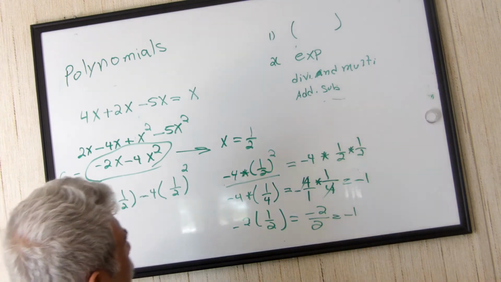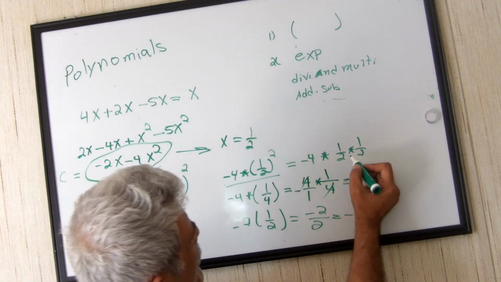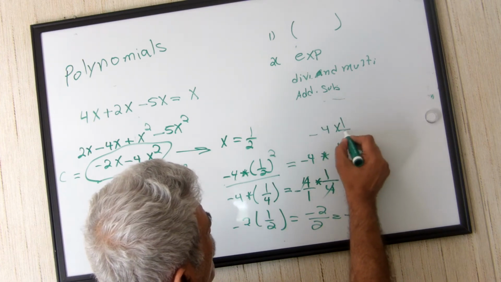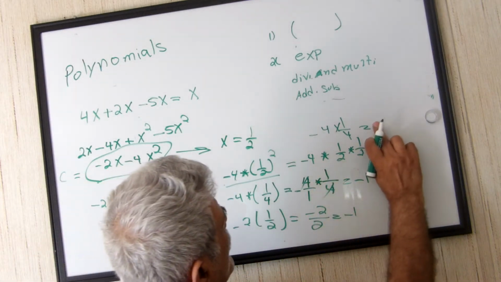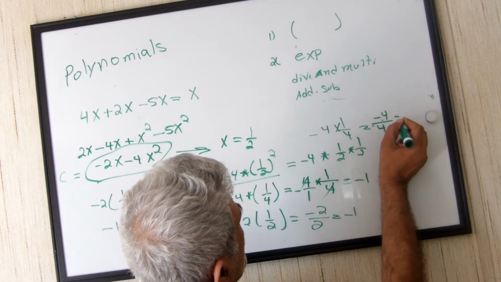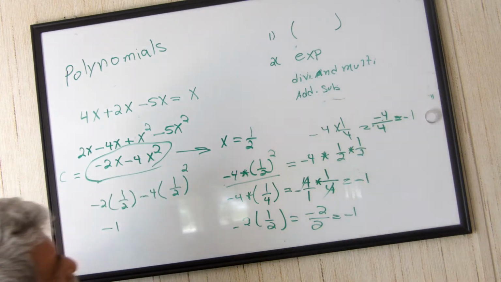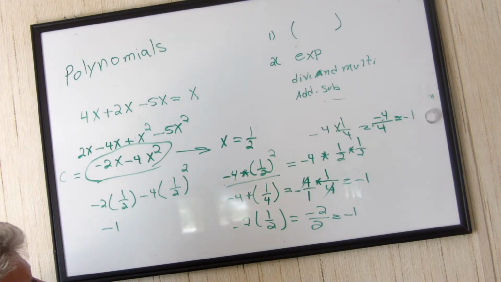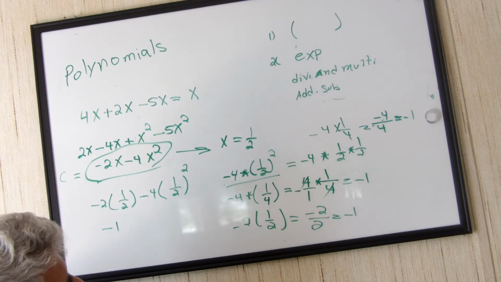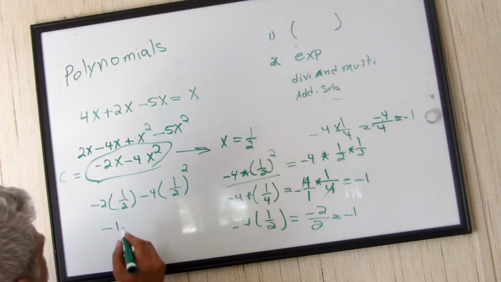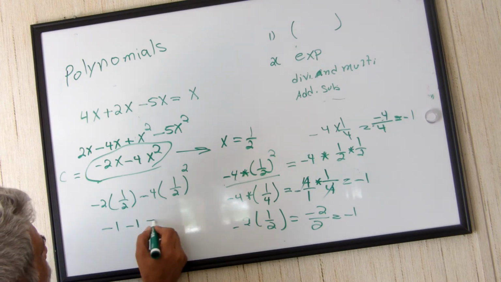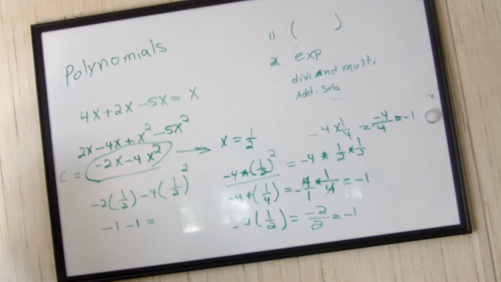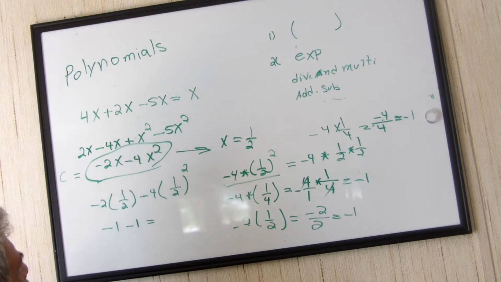When you say minus 4 times 1 over 4, it means minus 4 over 4, it's going to be minus 1. A minus sign divided by a positive sign is going to be minus. So this is minus 1, and this is minus 1. So the result is going to be minus 2.